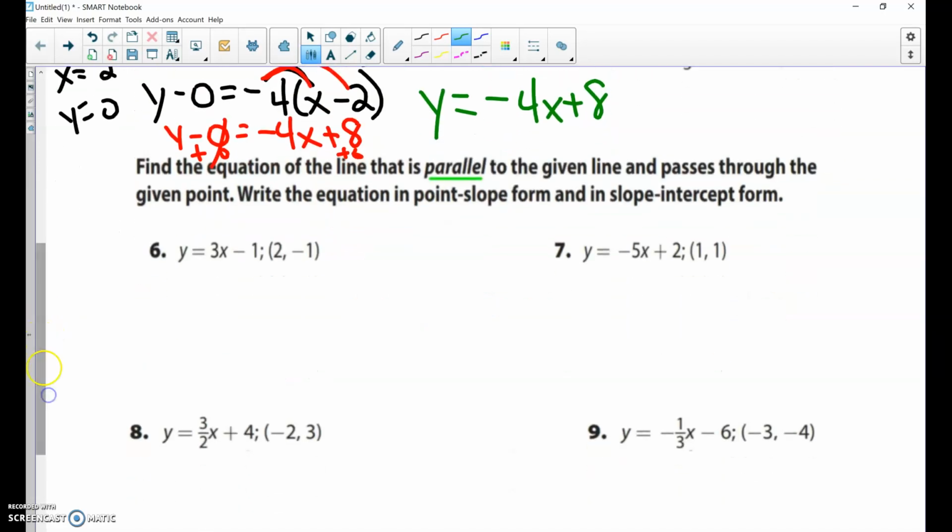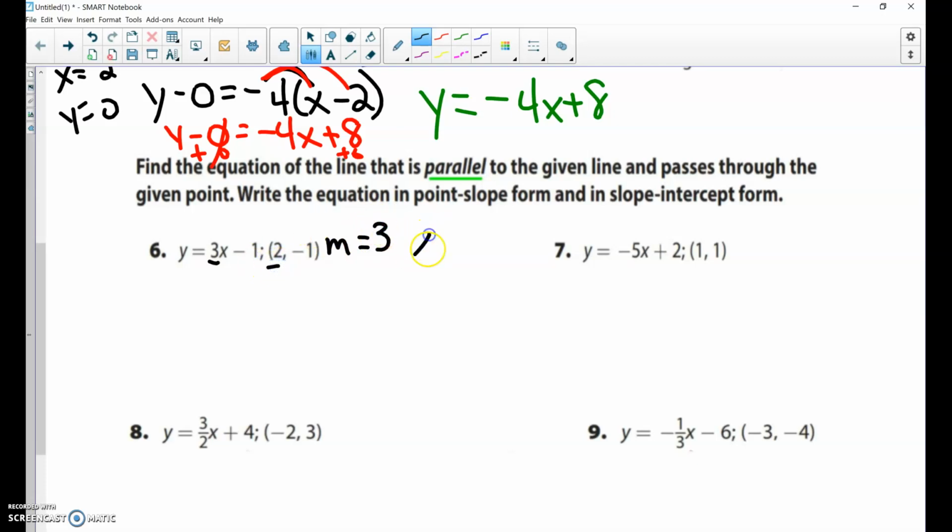6, 7, 8, 9. Careful, make sure we're reading directions here. So find an equation to the line that is parallel to the given line and passes through the given point. Same thing, write the equation in point slope form and in slope intercept form. So here we can see our slope is 3. So parallel to 3, remember parallel means the same, so the same as 3 is 3.